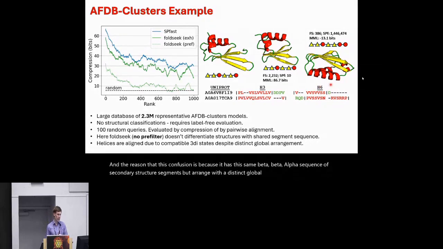So these helices that are sitting underneath this beta sheet, since they have the same local structural environment in that they are in contact with the beta sheet, are adjudicated to be compatible with these alternative helices, even though they have a completely different global arrangement in space. And indeed, when we look at the FoldSeek alignment, or the 3DI state alignment, for this particular pair, we can see that it does, in fact, erroneously align these helices.